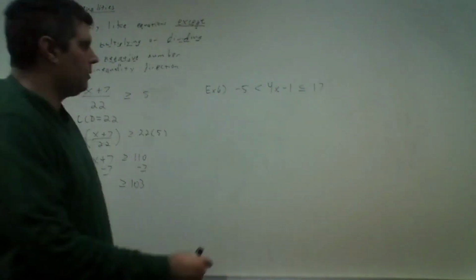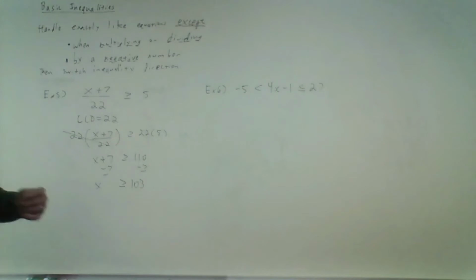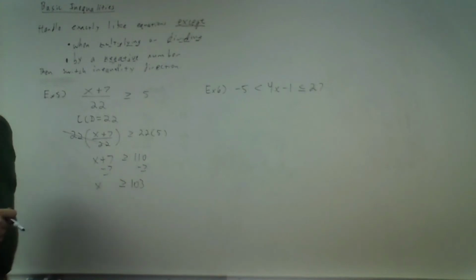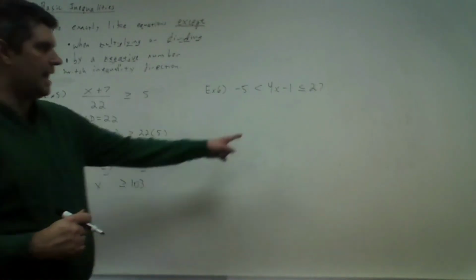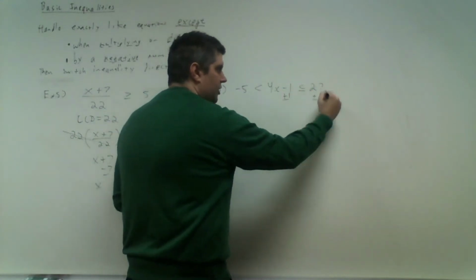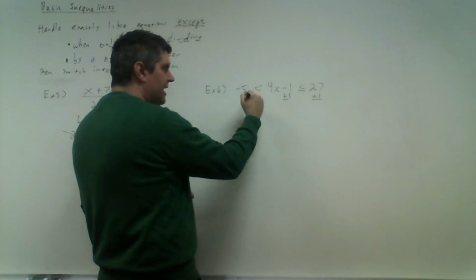Sorry, I want this to be 27. To do this properly, you're going to need to isolate the x, and you do what you need to do to the inequality, the other side, and the other side.